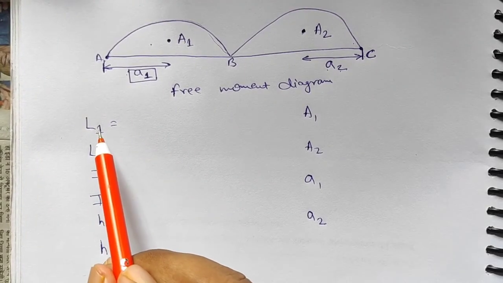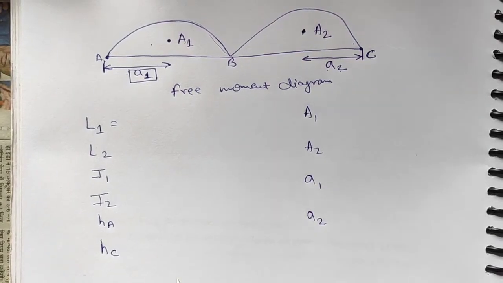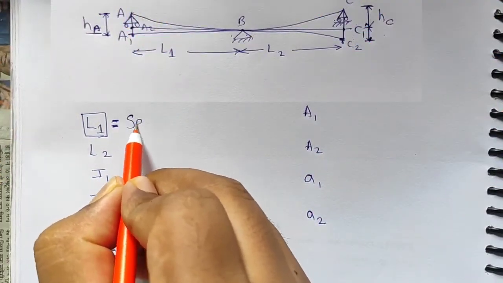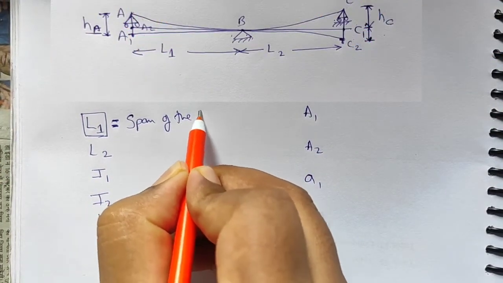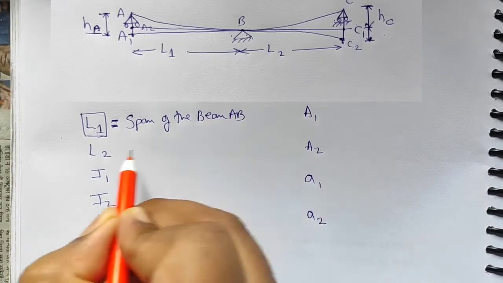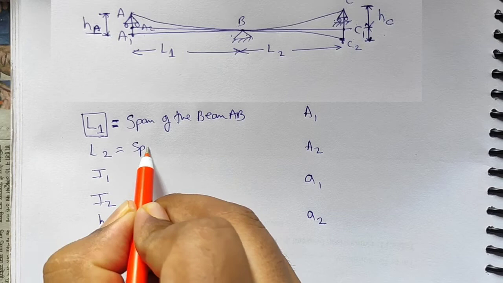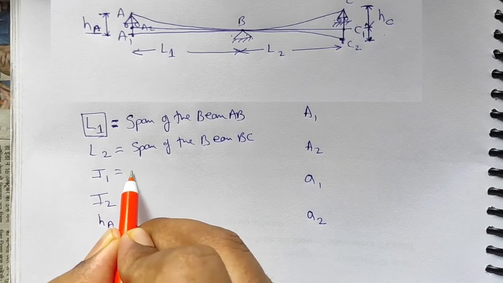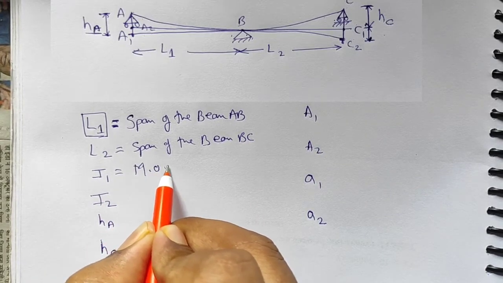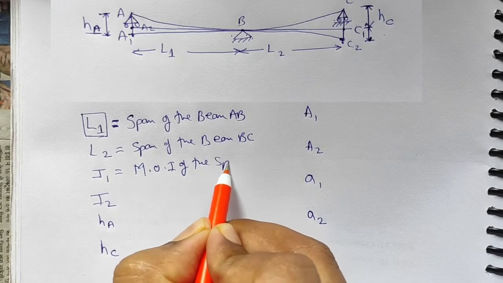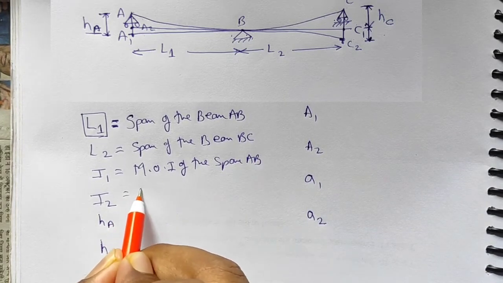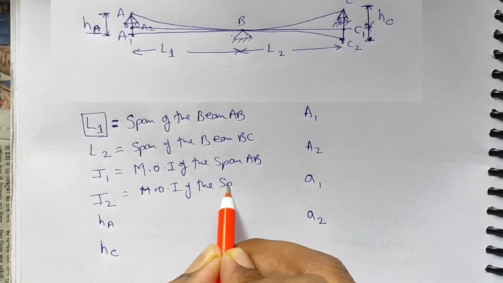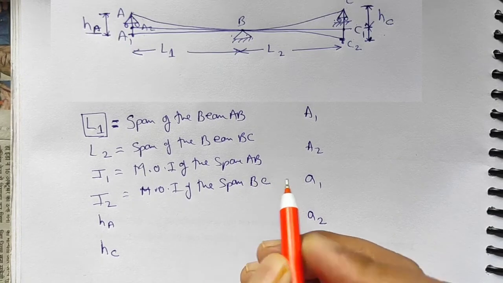So let us discuss these designations. From the above diagram, let L1 be the span of the beam AB. Similarly, let L2 be the span of the beam BC, let I1 be the moment of inertia of span AB, and I2 be the moment of inertia for span BC.